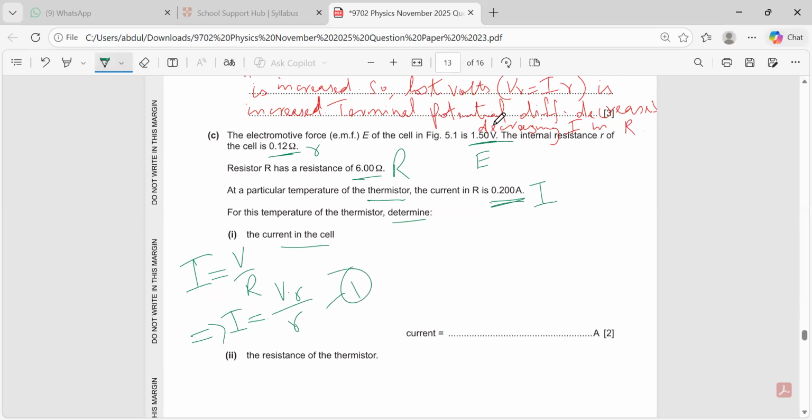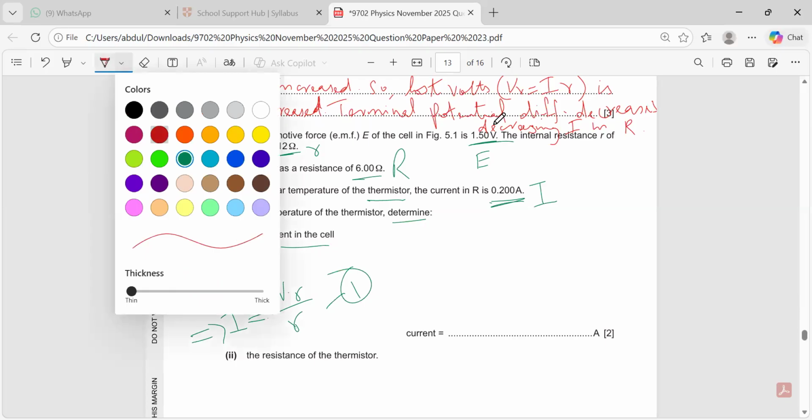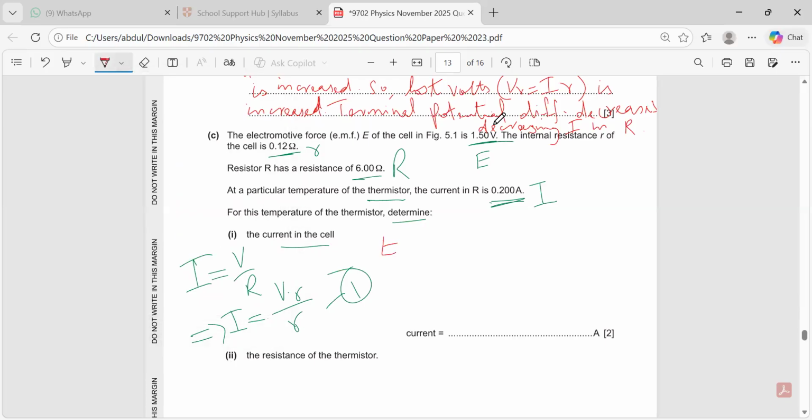Now, first of all, let's calculate what is V_R, as I wrote up there, my dear sons. Now, we can use the formula E is equal to V_R, the voltage or terminal potential difference across the resistor, plus V. Now we can calculate this V_R. V_R will be equal to E minus V. E is 1.5, minus I. See, the current through R is this, and R is also given.